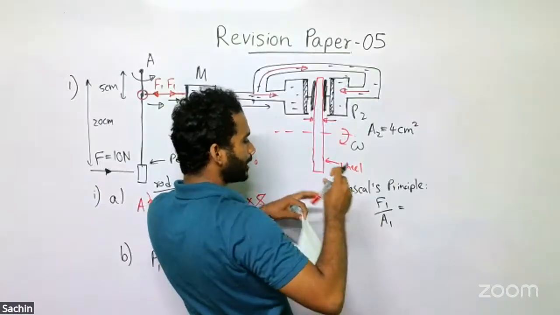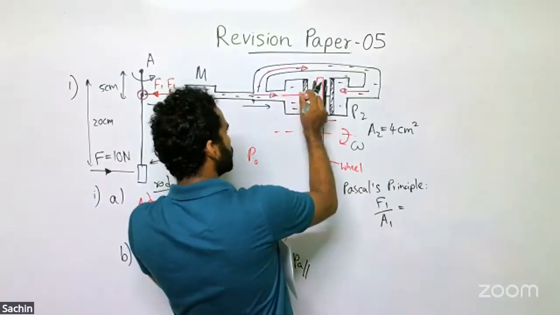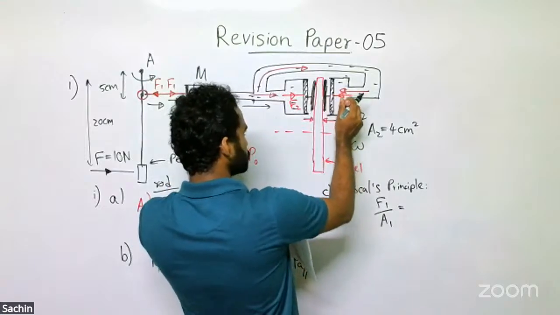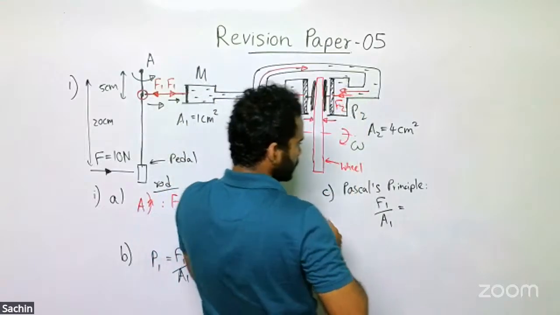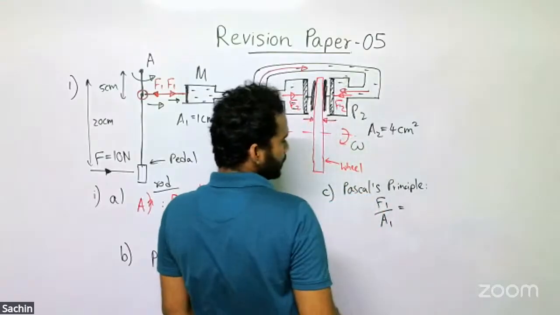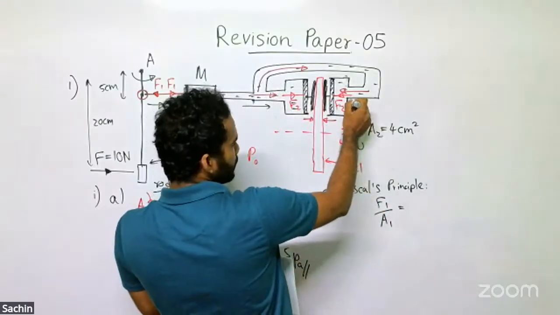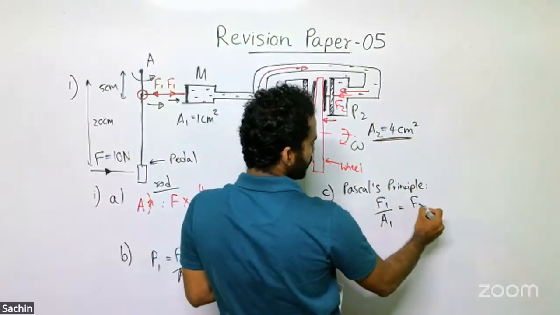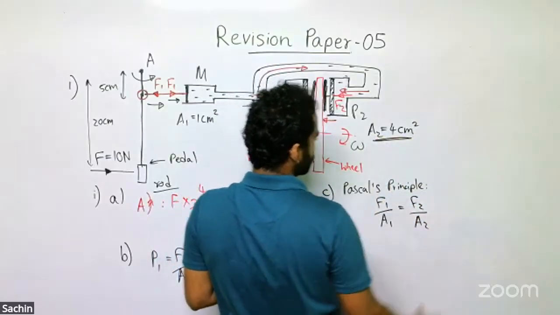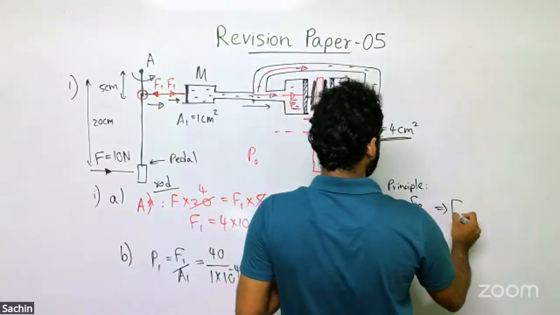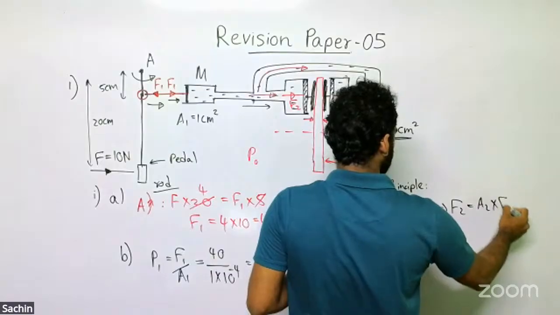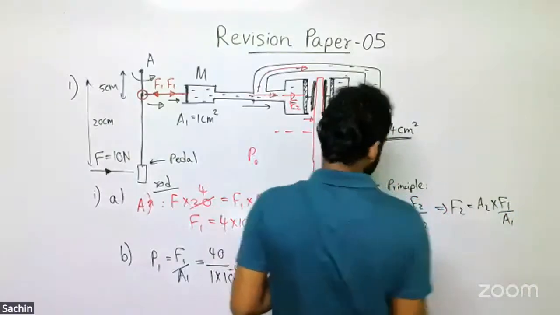Let's say the force exerted on the surface is F2. If the area is A2, the pressure is equal to F2 over A2. So you can find F2 just by doing the cross multiplication.